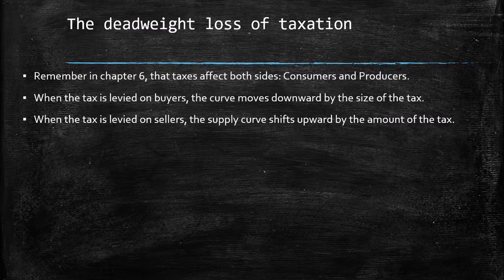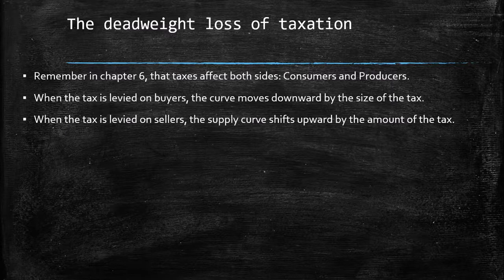We have to remember from Chapter 6 that we discussed the effect of taxes, and mainly that taxes affect both sides. It doesn't matter which side of the market is charged with the tax, whether supply or demand, the effect is going to be paid by both sides.